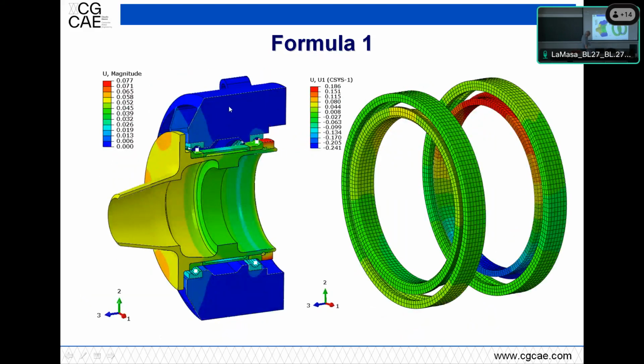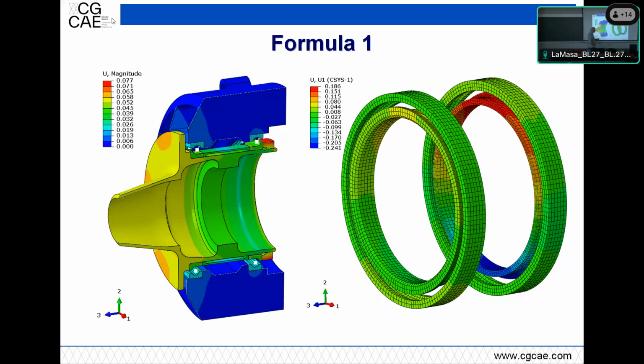And this here was done as a simulation to test what was really happening. So this part is a dummy upright with a real hub, but this was used to be placed on a test bench and checked.